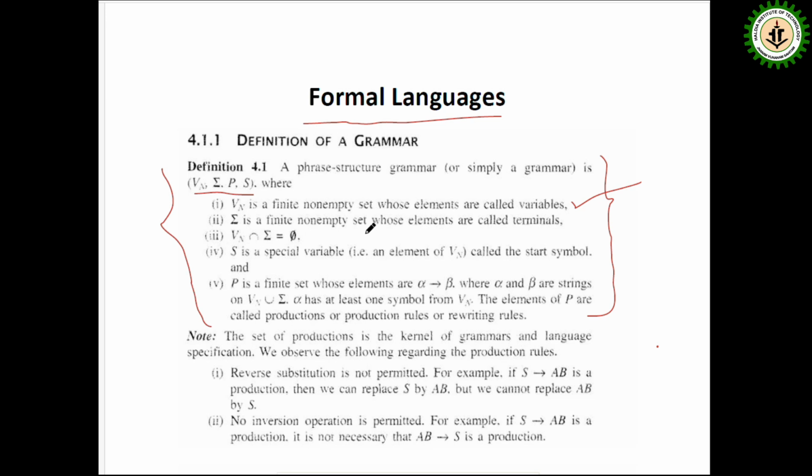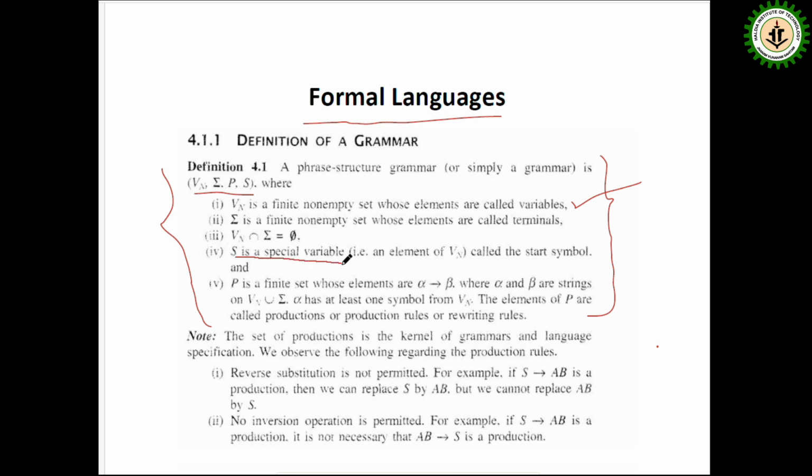That means there is no such character which denotes both variable and terminal. So we can differentiate whether a specific character is either variable or terminal, and never is it both variable and terminal. There is no such case.